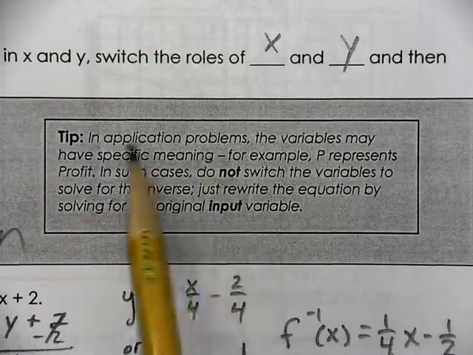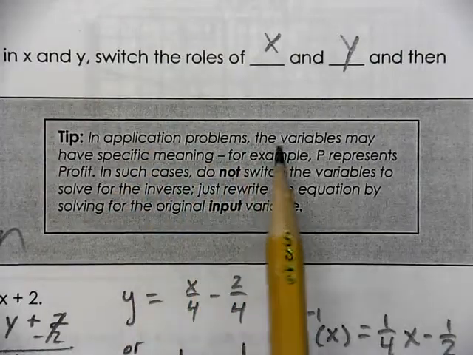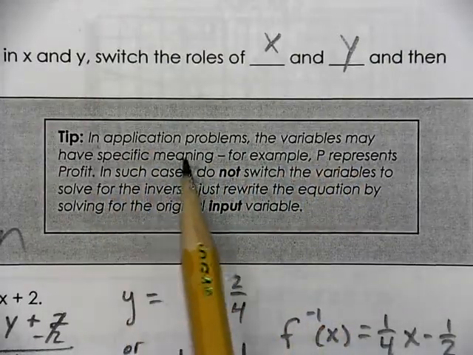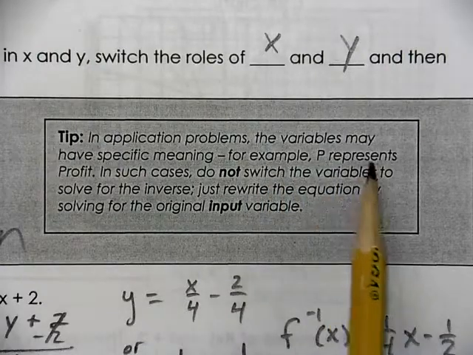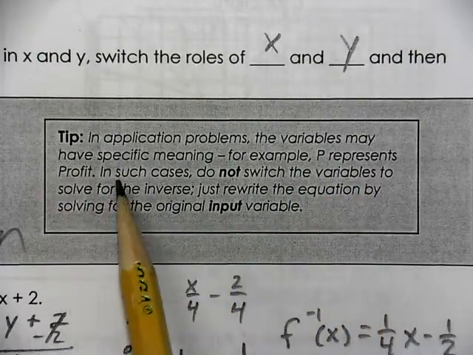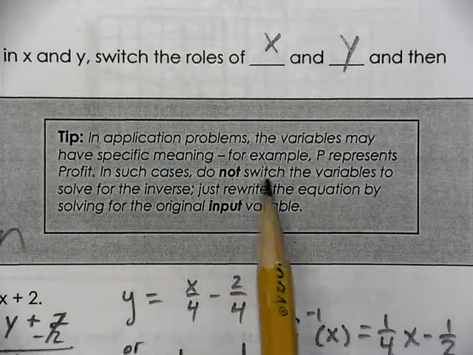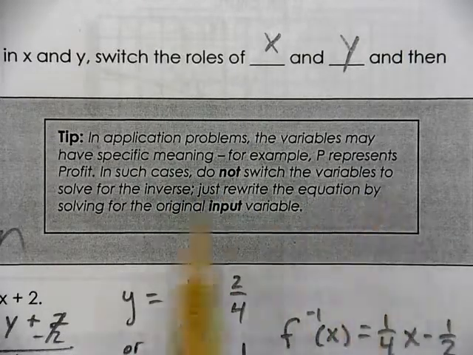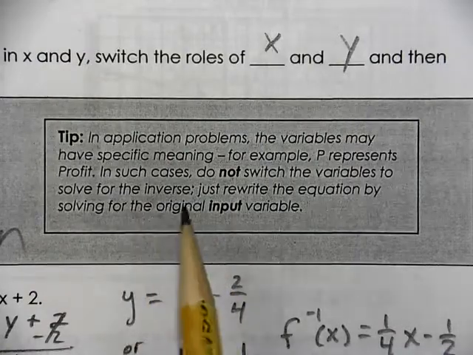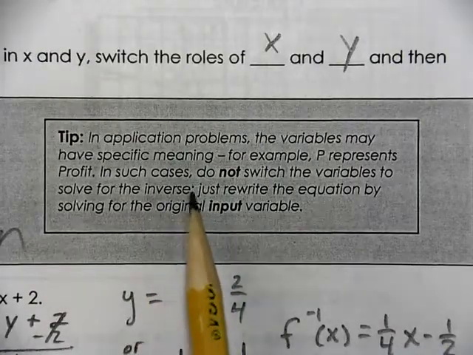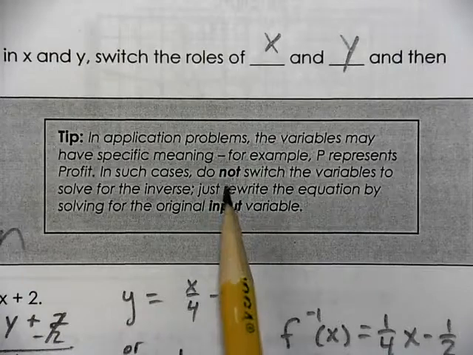In application problems, which is like a word problem, the variables may have specific meanings. For example, P represents profit. In such cases, do not switch the variables to solve for the inverse. We don't switch them in a word problem because the variables have specific meanings.